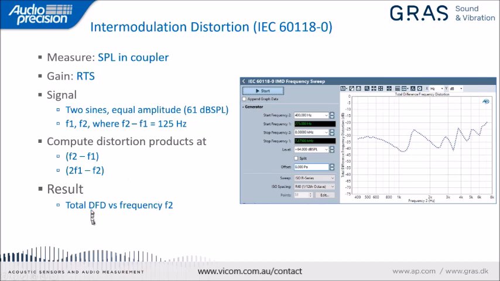And in this case, we want to plot the total difference frequency distortion versus F2. And just like for the ANSI, we've added a separate measurement here in sequence mode called IEC 60118-0 IMD frequency sweep. So if you want to do these measurements, you simply add one or the other to your signal path and set it up, and it does the measurement and provides the result.